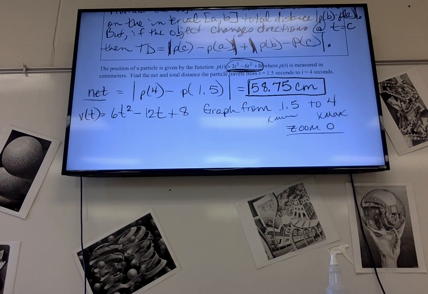What did you say the window was? 1.5 to 4? Yes, now why did I pick 1.5 to 4? Because it tells us right here that's what t is. So that's x. 6x squared minus 12x plus 8, window, 1.5 to 4, and zoom 0.